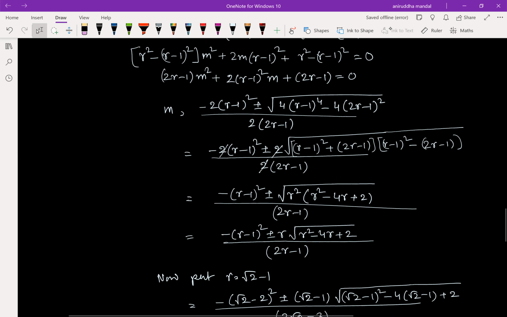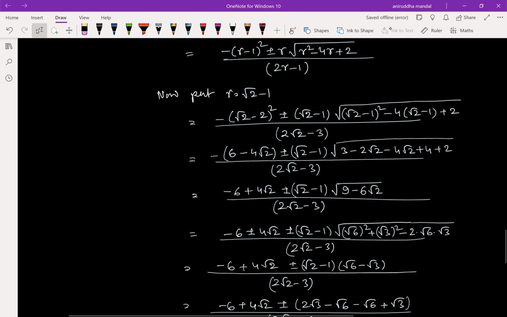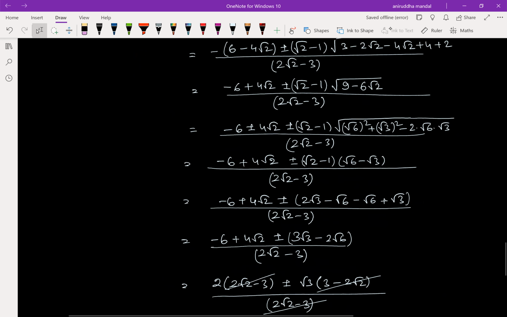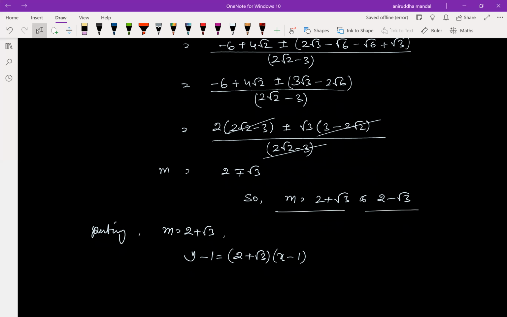So I have solved it separately, and putting R as root 2 minus 1, we get m as two values, 2 plus root 3 and 2 minus root 3. Okay, now putting back m, we are taking m as the larger value, so taking m as 2 plus root 3, we'll get y minus y1 equal to m into x minus x1. Okay, so this is the equation of CE.